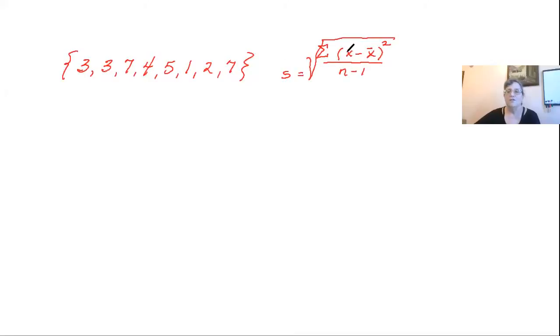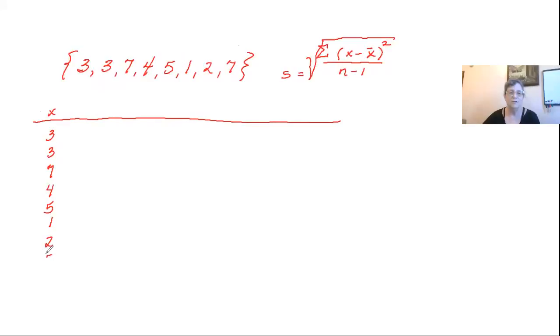So you can't calculate the difference between each of these and the average unless you have the average. So we're going to set this up as a table. Our x's are 3, 3, 7, 4, 5, 1, 2, 7.